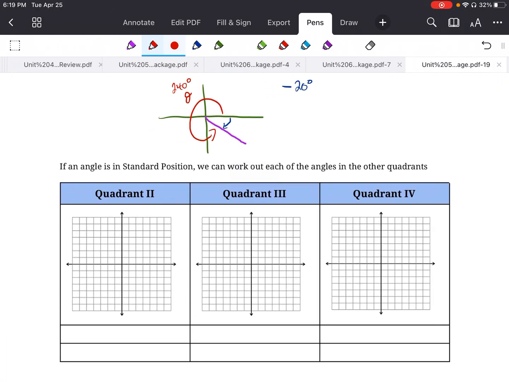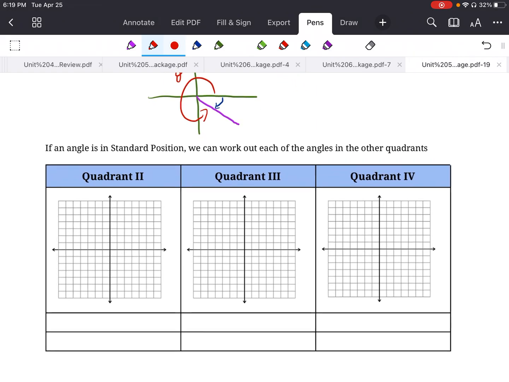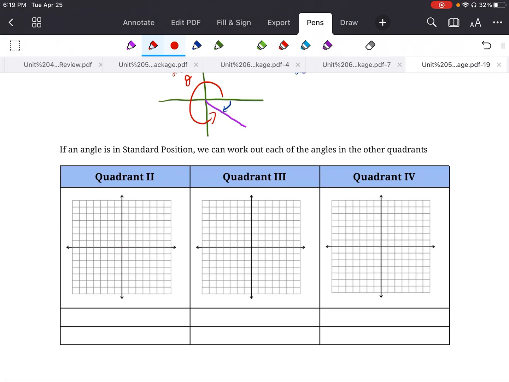Okay, if an angle is in standard position, we can work out each of the angles in the other quadrants. So we have our initial arm here, and if we have this terminal arm, then we have our principal angle, and we also have the related acute angle.